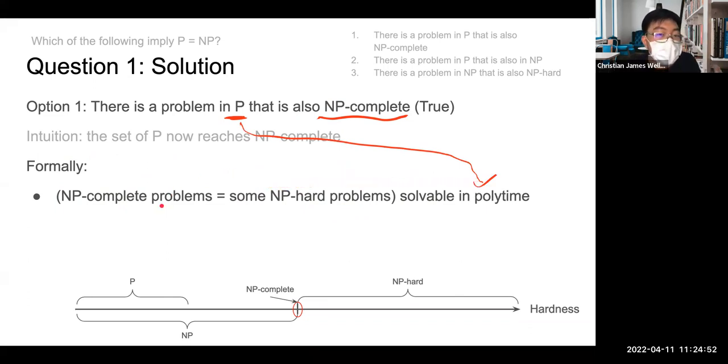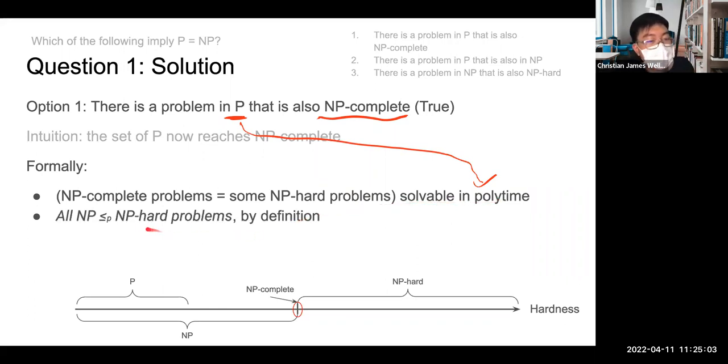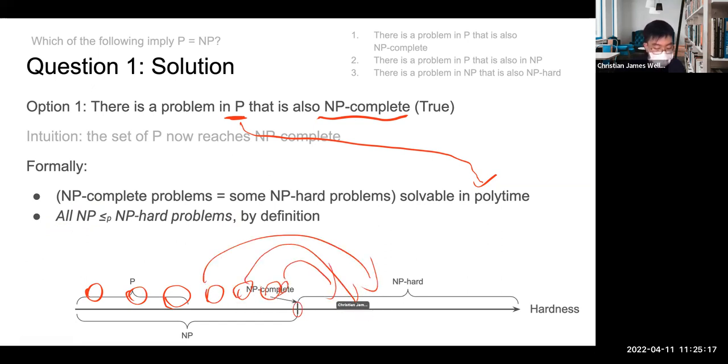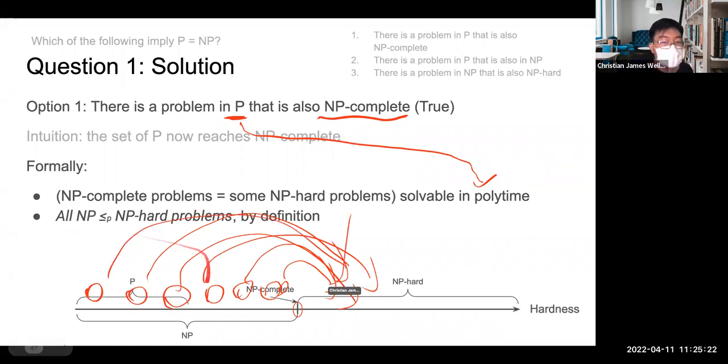Remember that by definition, a problem is NP-hard if you have a reduction from all the problems in NP. So every problem in NP has a reduction to that NP-hard problem. This second statement is by definition.